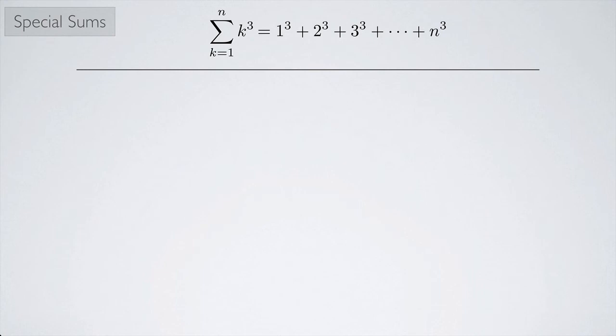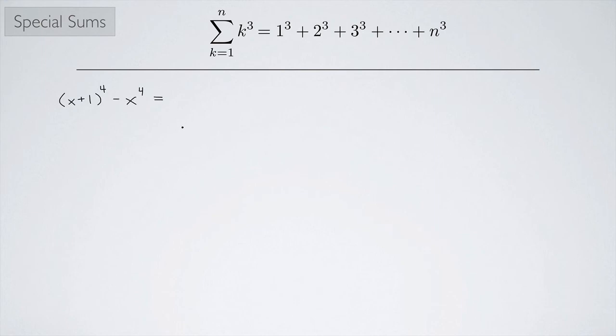Now the last formula that I want to look at is the sum from k equals 1 to n of k cubed. So that would be 1 cubed plus 2 cubed plus 3 cubed all the way up to n cubed. And to get a formula for this, you would actually do something very similar to what you did with the sum from k equals 1 to n of k squared. In other words, you're going to start by looking at x plus 1, and this time instead of going to the 3rd power, you're going to go to the 4th power minus x to the 4th.